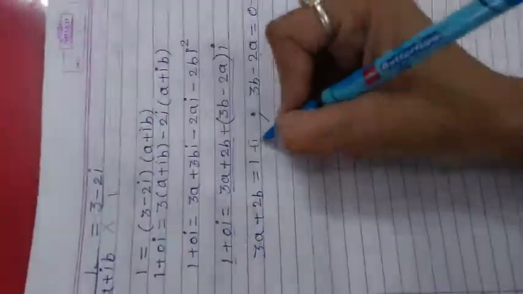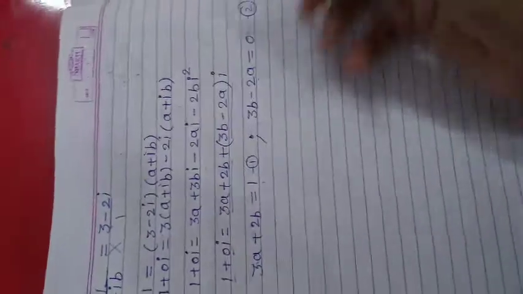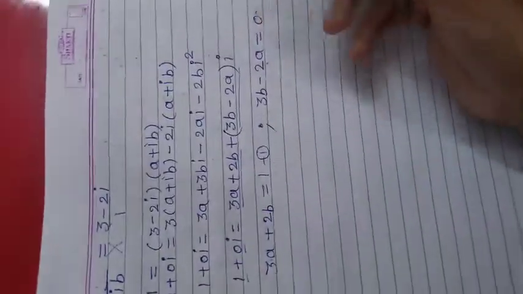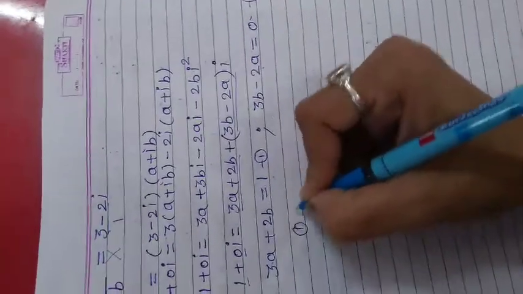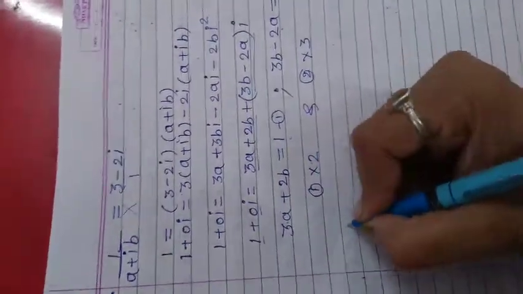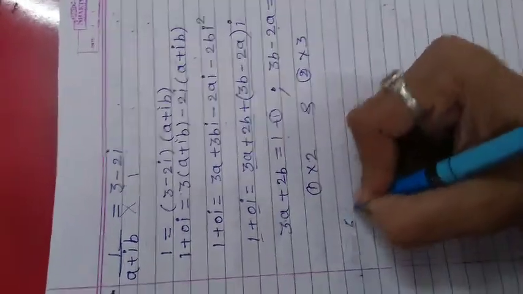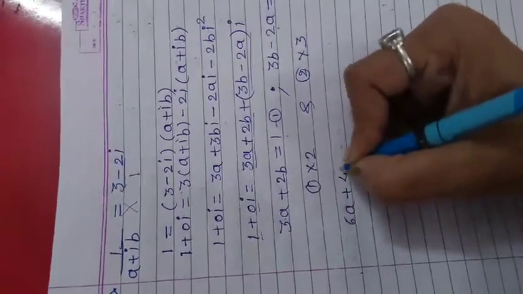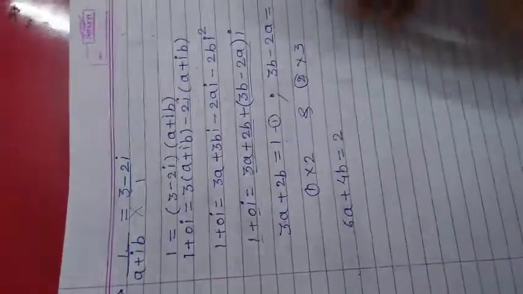Now this is equation number 1 and this is equation number 2. So simultaneous equations we have to solve. So equation 1 into 2 and equation 2 into 3. So 1 into 2 means, 3 2s are 6, 2 2s are 4, 2 1s are 2.